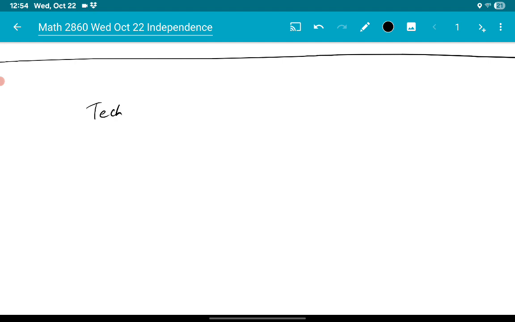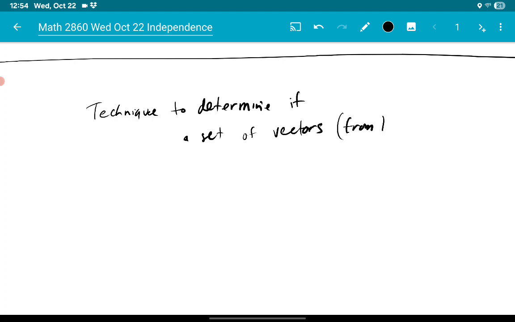So let's say this is a technique to determine if a set of, let's say, regular vectors from Rn, and we'll learn later we can adapt it to other types of objects like polynomials and matrices.